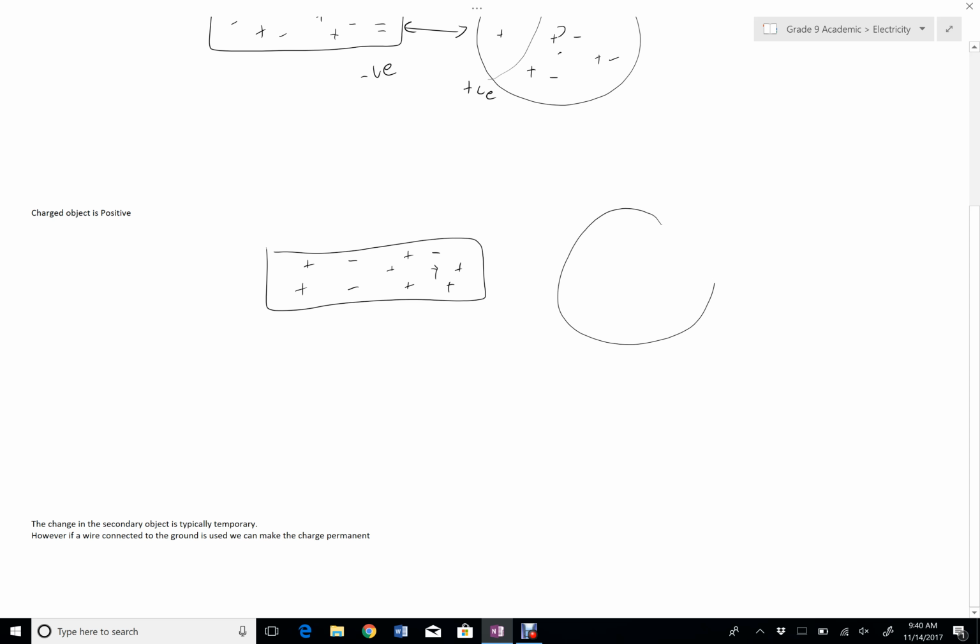And so when it's brought close to a neutral object, electrons from other regions in the neutral object will be attracted to this positive object, attracted in. What that means then is they will now be over here. They will have disappeared from this location or moved from this location. And this local region will have a negative charge. Again, these two charges are opposite, and so they'll attract.